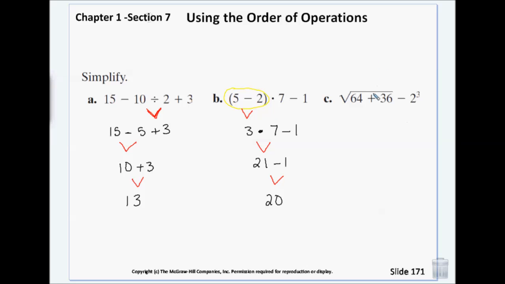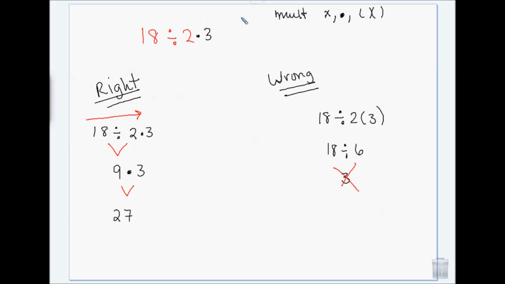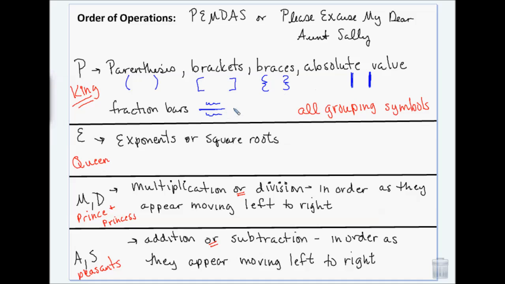Now here's something interesting, because remember how I said square roots and exponents have the same weight, except this square root's not just acting like a square root. It's also acting like a grouping symbol. So I want to come back and add it to our list, roots.